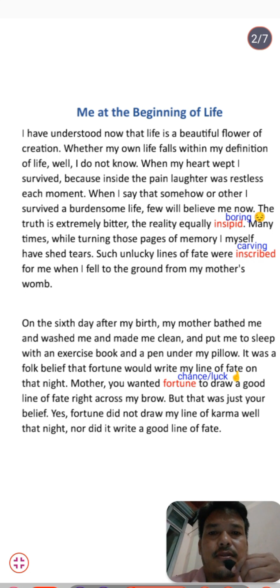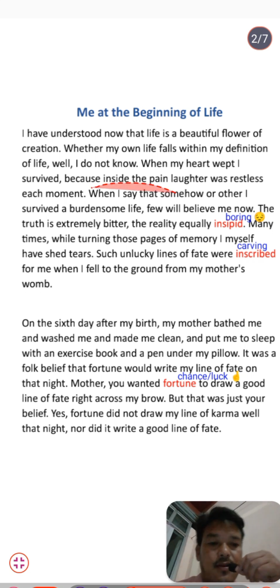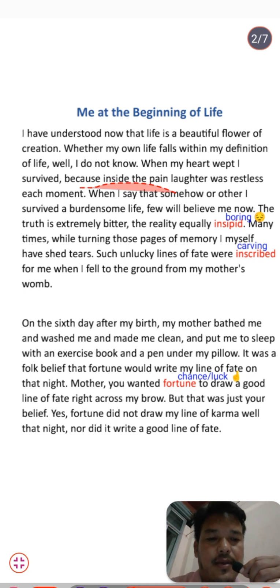When my heart wept, I survived because inside the pain, laughter was restless each moment. Students, when my heart sobbed, I survived because inside the pain, laughter was restless and very uncomfortable every second, the writer says.